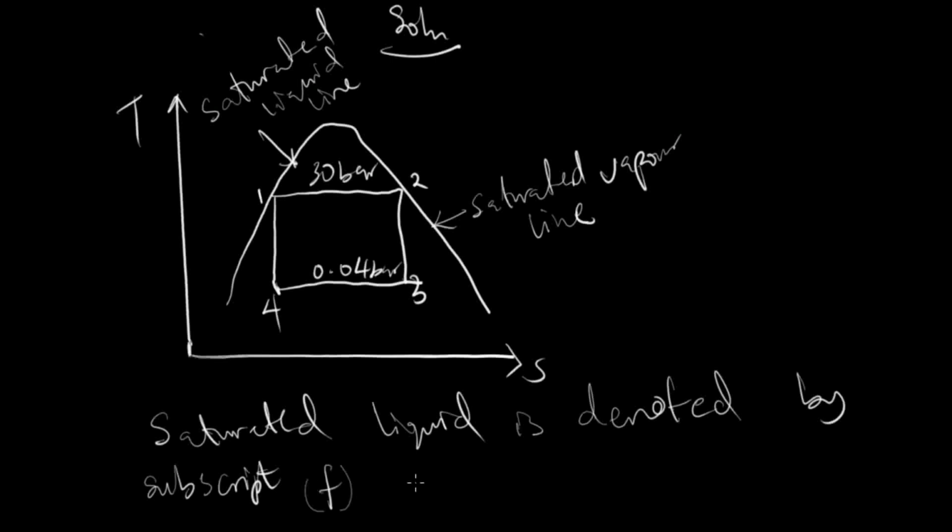So for example, whenever you see hf, uf, sf, they are under this category. It's on this part of the line, so it's on the saturated liquid line.